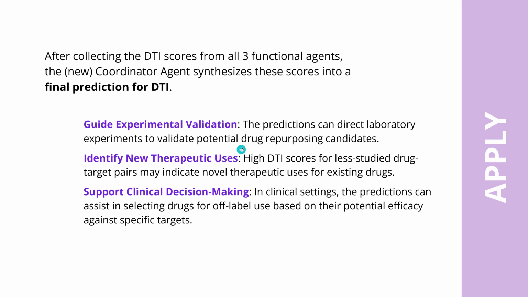And AI should tell us, hey, is this potential drug that we already have, can we use it also for other illnesses to treat those things? Then, therefore, we can identify new therapeutic use, and it will support the clinical decision making.